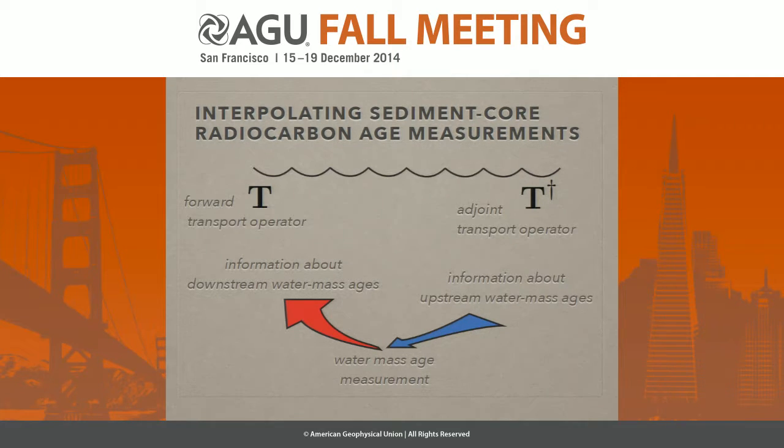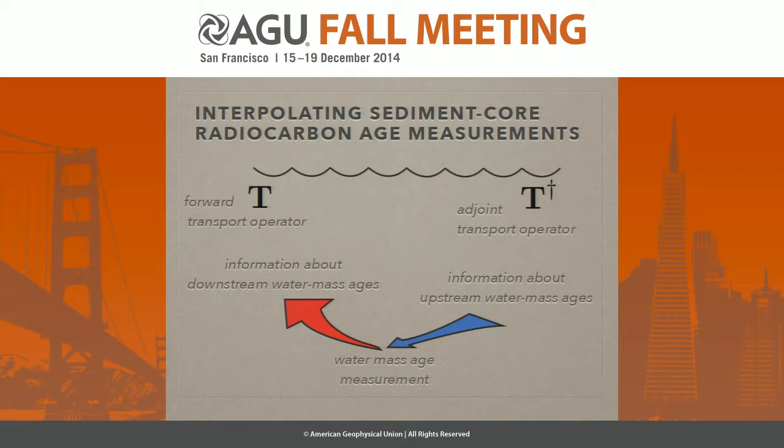So you might think the foram is telling us something about upstream, some zone of influence of the age of the water. But conversely, if we know the age of the water at this point, then the downstream is going to be influenced by what you've recorded at this point also. And it becomes kind of hard to use circulation information to do the interpolation. That's the kind of problem we had.